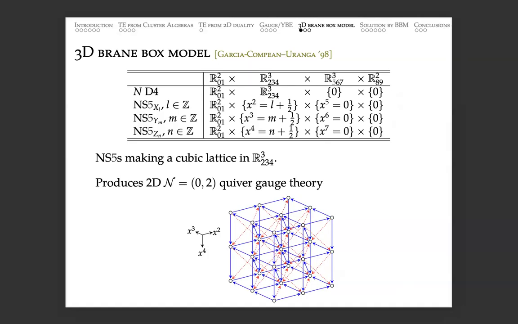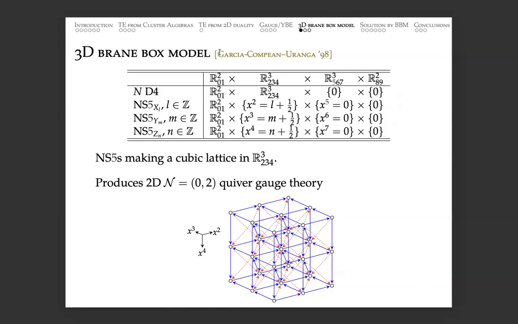Now here, you notice there's R3 in the x2, x3, x4 directions, okay? And then I can introduce NS5 branes in various directions. They are supported on planes in the 2, 3, 4 directions, and they make a 3-dimensional cubic lattice, like I explained before, okay?